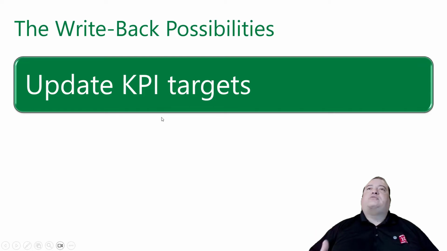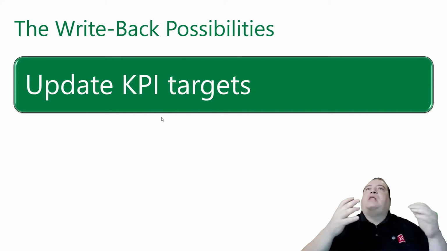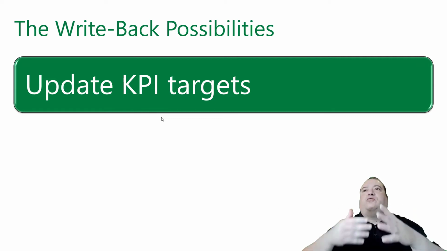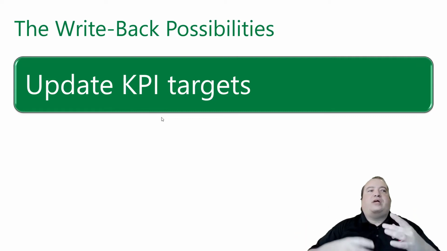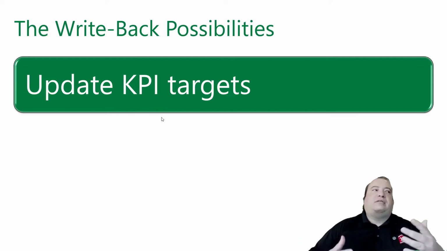We can use the write back feature to update KPI targets, for example. Our facts will not change, but maybe we would like to analyze the facts against different sets of targets, different sets of KPIs, and we can use the write back feature to define that and to change the values of these KPIs.